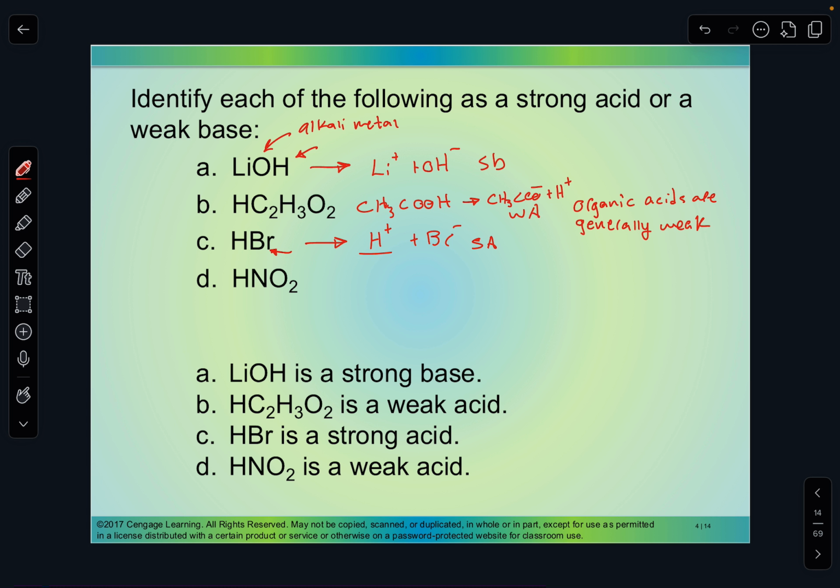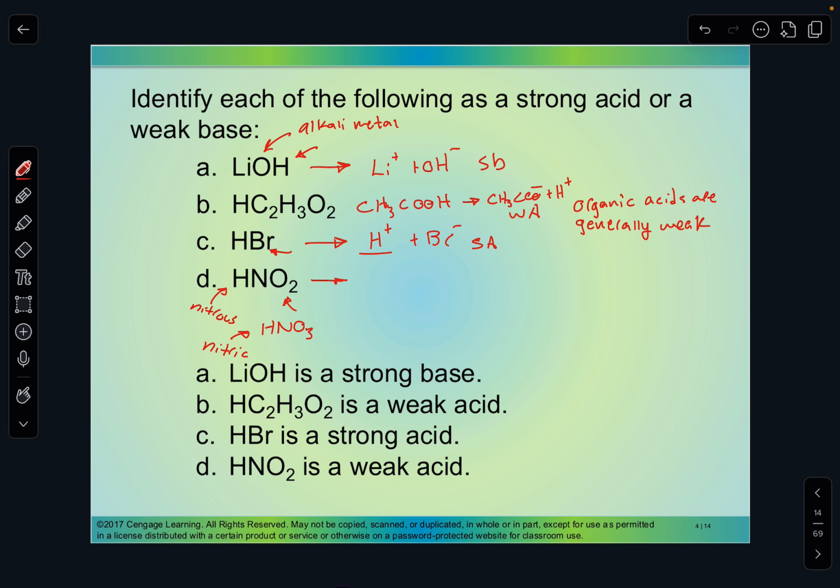weak acid. HNO2, it looks like it's about to be a strong acid, but HNO3 is a strong acid. This is nitric acid. This is nitrous acid. Nitrous acid is not strong enough to be a strong acid.